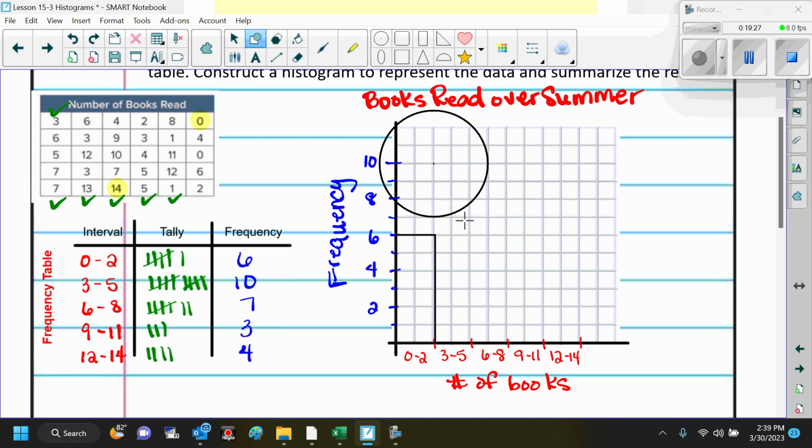So you put a box, whoops, not a circle. There you go. 7 students read 6 to 8 books. So here's 6 to 8, and 7 is right in between here. So we've got 7 students that read 6 to 8 books. 3 read 9 to 11 books, and 4 read 12 to 14 books.